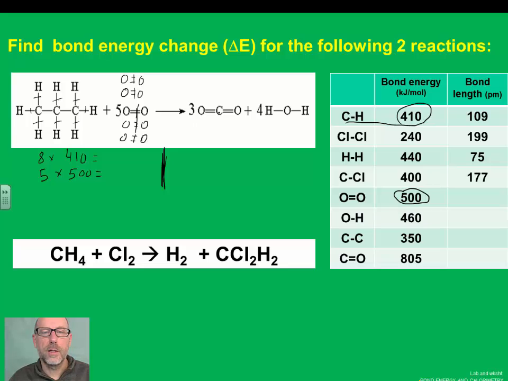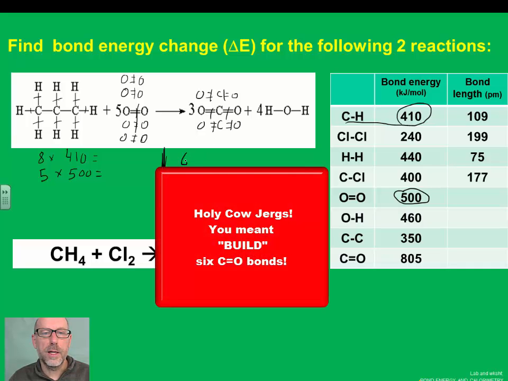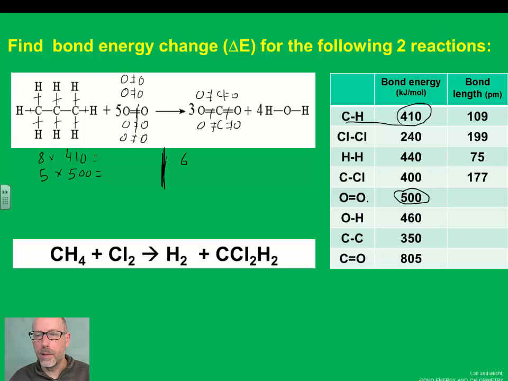On the right side are the bonds that we're going to build. We have 3 CO2s, so that would be O double bond C double bond O. So we'll make 1, 2, 3, 4, 5, 6 C=O double bonds. They're worth 805, or 6 times 805, and we'll figure out what that is.